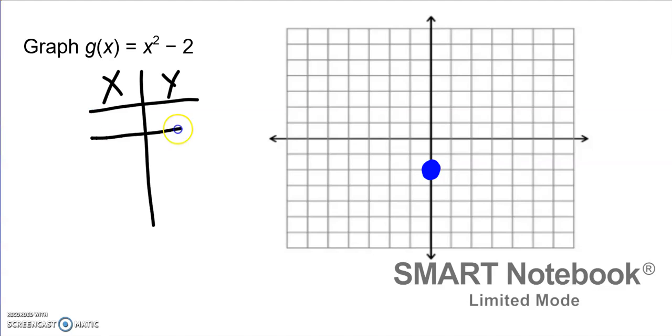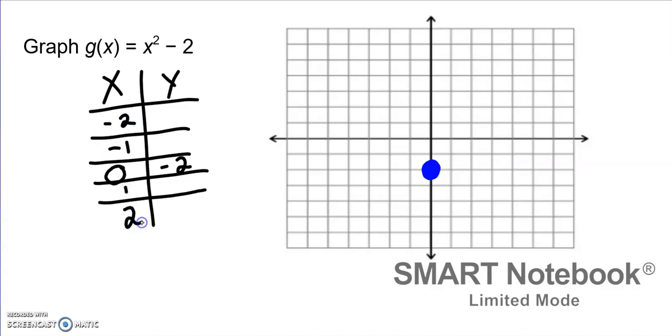We can just go to a simple input-output, and I'm going to start with 0 in the middle. I'm going to put 0 right here. When we have the input as 0, that means we're finding the y-intercept and we get negative 2. That's great. So I want to choose two values to the left of 0 and two values to the right of 0. So let's go negative 1, negative 2, then 1, and then 2.